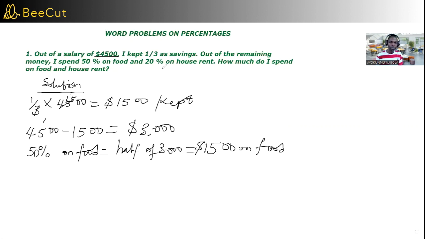Then I spent 20% of the 3,000 on house rent. So this means 20% of 3,000.